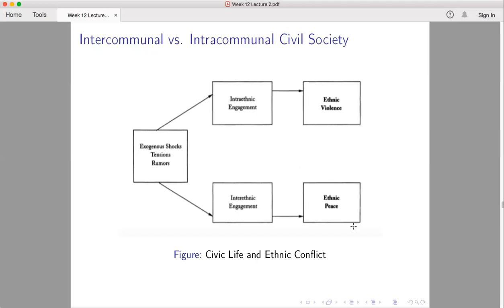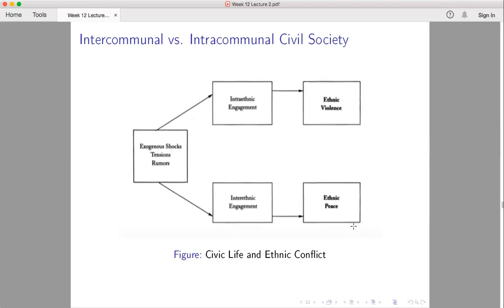Are they engaging across categories of difference? So are they engaging different ethnic communities, different religious communities, different genders, etc.? Or are they really focused within a single community? Where inter-ethnic engagement is high, he believes that we can get ethnic peace simply because people want to work together. They cooperate to diffuse any tensions. They have strategic incentives for peace.